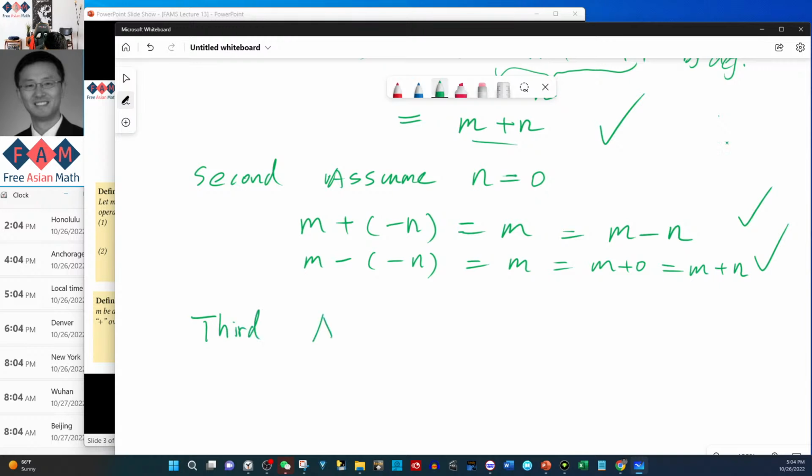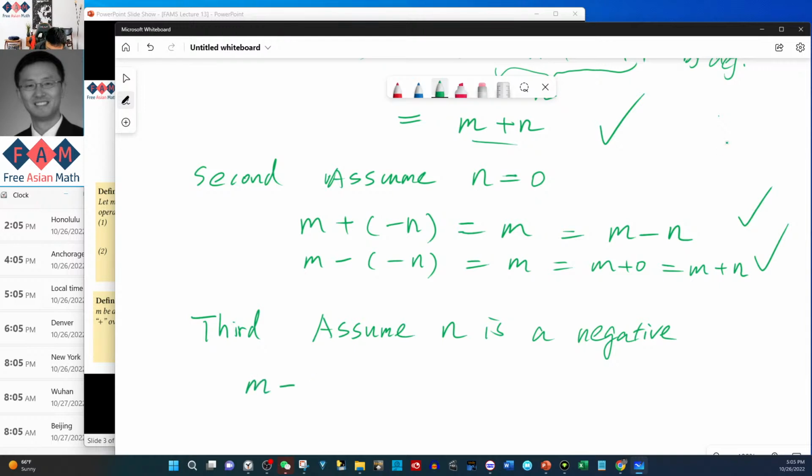Third, assume n is a negative integer. After this, we have covered all the cases for n, whether it's positive, negative, or 0. So what happens when n is negative integer? First of all, we consider what do we mean by that.